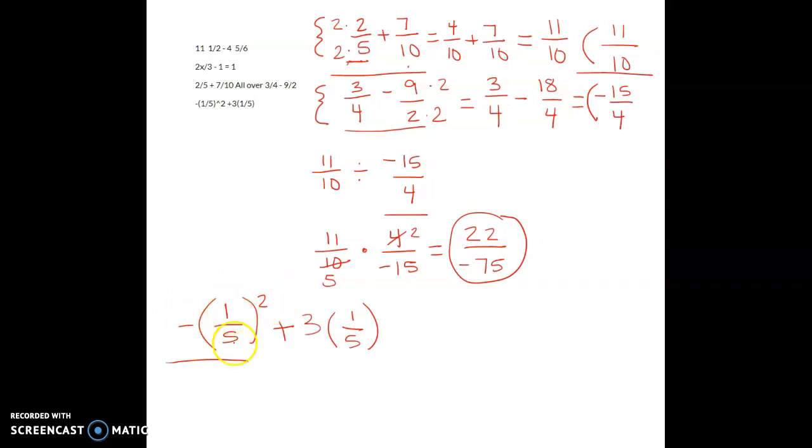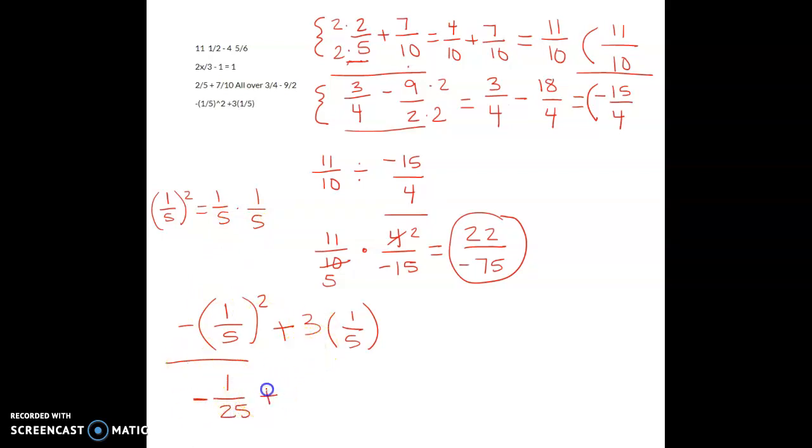So it's just going to be 1/5 squared and then bring the negative in. So 1/5 squared is the same as 1/5 times 1/5, which becomes, so 1 times 1 is 1, 5 times 5 is 25. So we'll have 1/5 squared is 1 over 25, and then the negative is still out front.